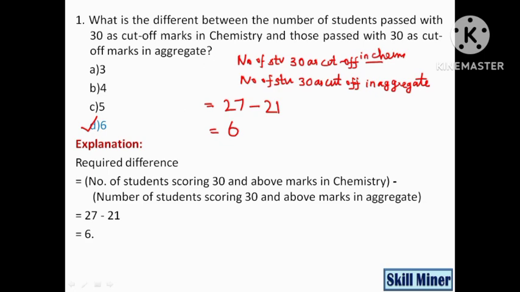Once again observe the question. What is the difference between the number of students passed with 30 as cutoff mark in chemistry and those passed with 30 as cutoff mark in aggregate. There are 21 students who passed above 30 in chemistry.